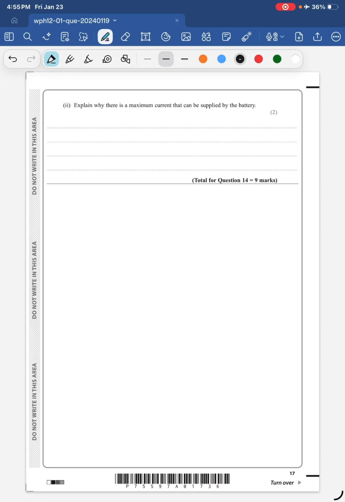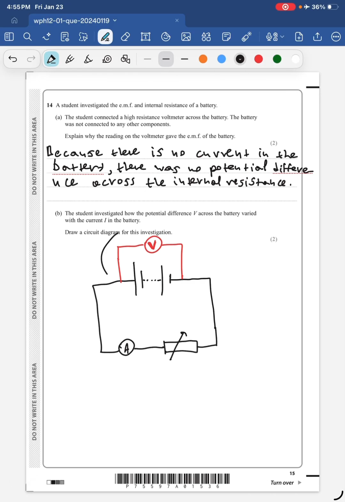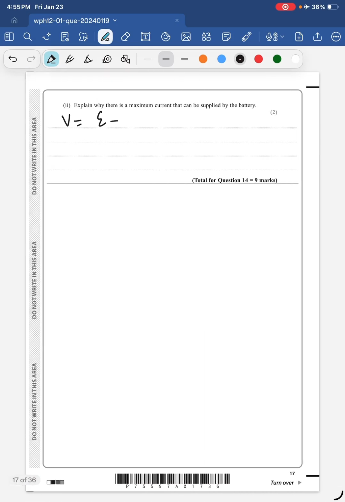Part 2. Explain why there is a maximum current that can be supplied by the battery. We can start again from this relationship, that the voltage across the battery pack is equal to the EMF of the battery minus the current times the internal resistance.